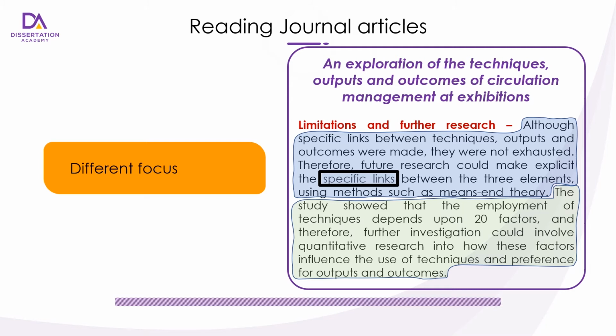The second suggestion focuses on examining how the factors influencing the techniques inform the deployment of techniques and the preference for outputs and outcomes. So if I wanted to build on this study, I could pick up either idea and adopt it as my own research topic.